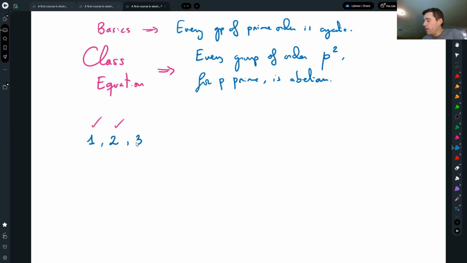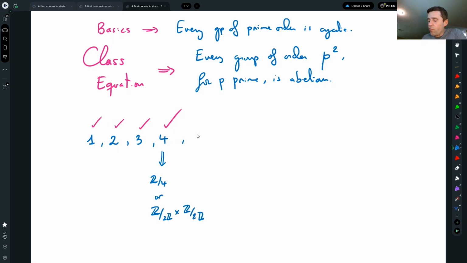Groups of order 3, that is cyclic. Groups of order 4, those are abelian because it's a group of prime squared order. So those we understand. The possibilities are either Z modulo 4 or Z modulo 2 cross Z modulo 2.